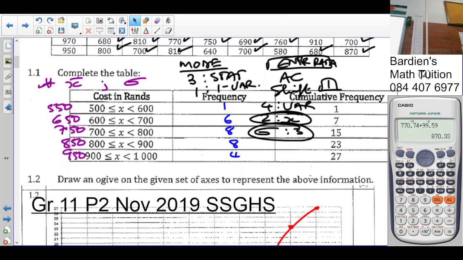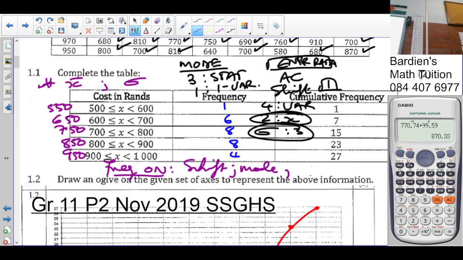The difference here is we need our frequency to be on. To get the frequency on, we press shift, mode, the down arrow.